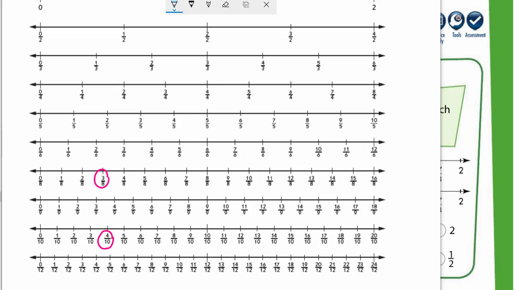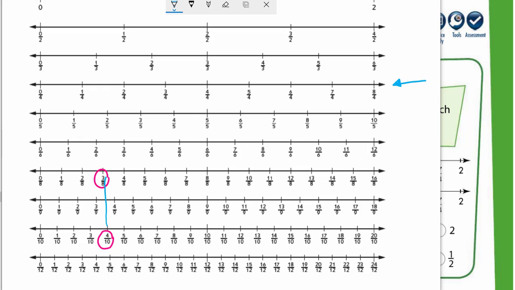I will start first with 4/10. I will use the ruler. I don't have a ruler here, but you, my heroes, you have a ruler. And remember, this line is the benchmark fractions. So I will go up with the ruler.